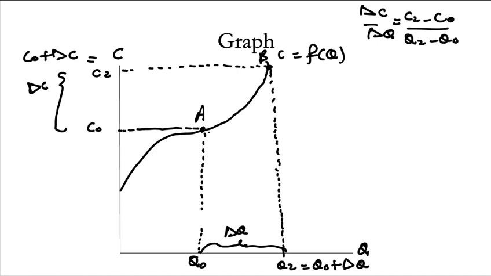And basically, if we draw a straight line that passes through point A and B, then this change in C over change in Q is actually the slope of line AB, isn't it? So this is basically the slope of AB.